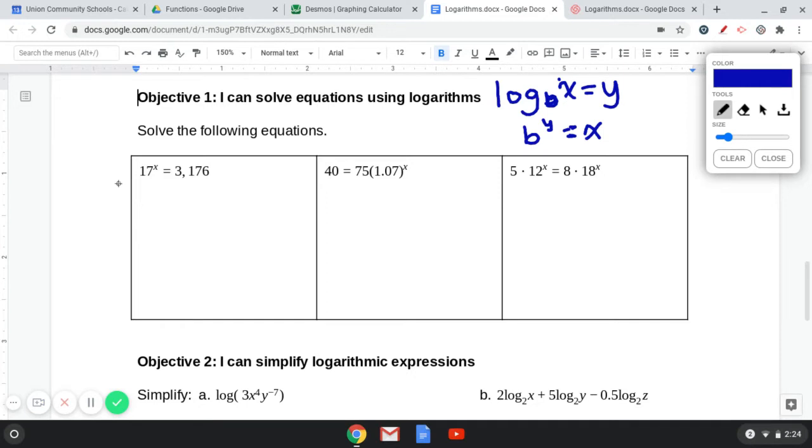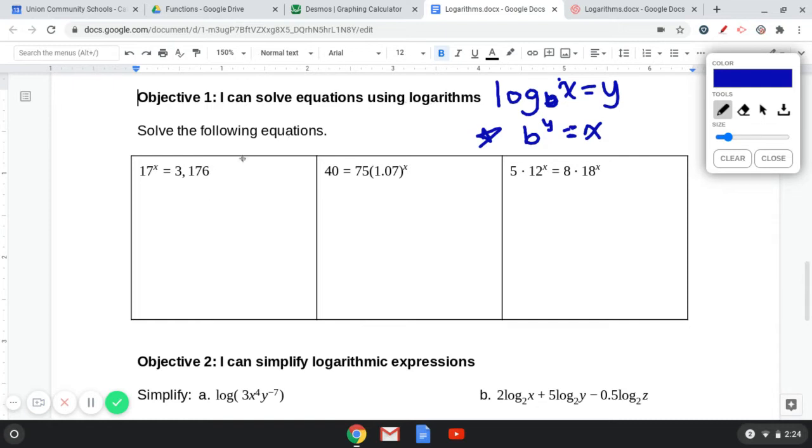All right, so check out what we have. This is b to the x. Okay, this is going to get confusing with these variables. This x right here next to the 17 is not the same as this x over here. So keep in mind placement, not necessarily variable name. So this is in the form b to the y equals x. We're going to put this in logarithm form and then use a calculator to solve for y.